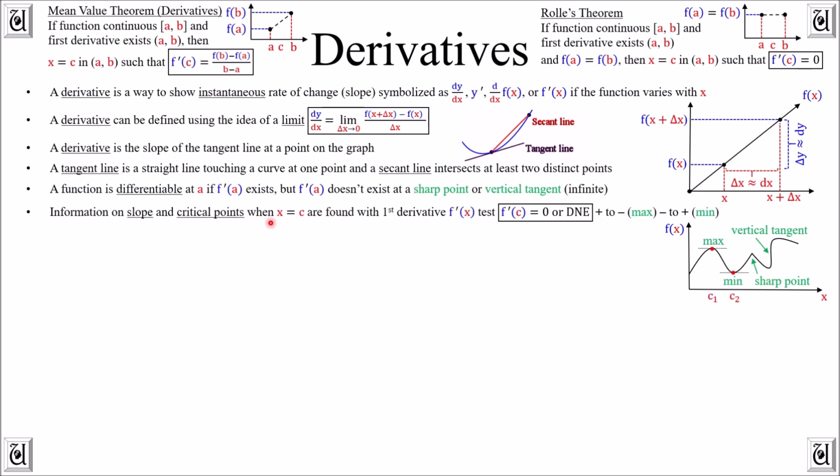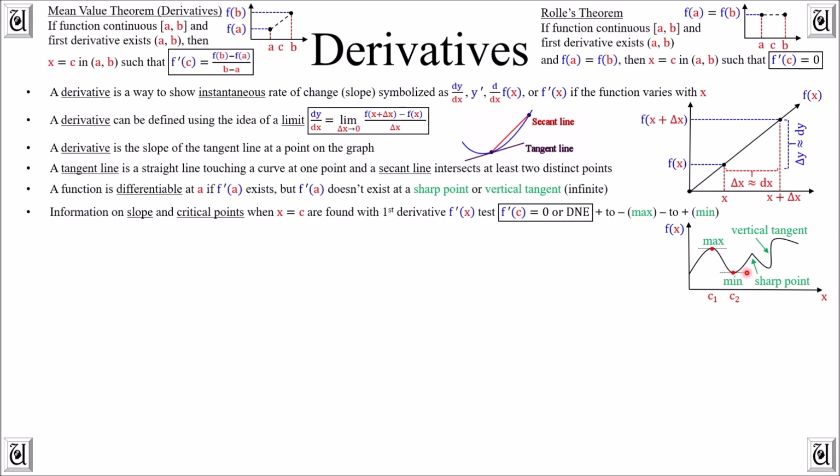All right, so the next thing we could look at is what we can do with this first derivative. And remember, it's telling us about the slope. We can actually find information on the slope and critical points. Well, what does that mean? Well, bottom line is we look at where the slope is equal to 0 or does not exist. Do you see how these tangent lines are horizontal?